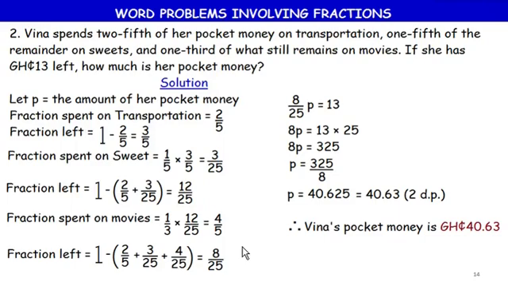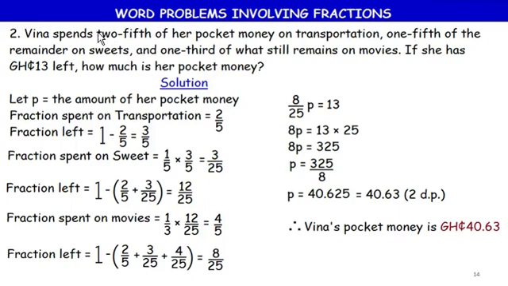So you just take each statement and analyze it systematically. Math is a language, and in any language you have to understand. Understanding is key as far as any language is concerned.